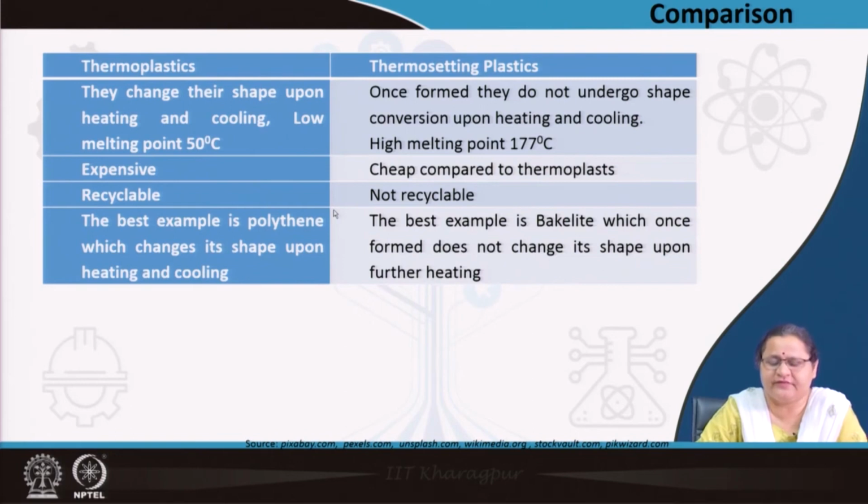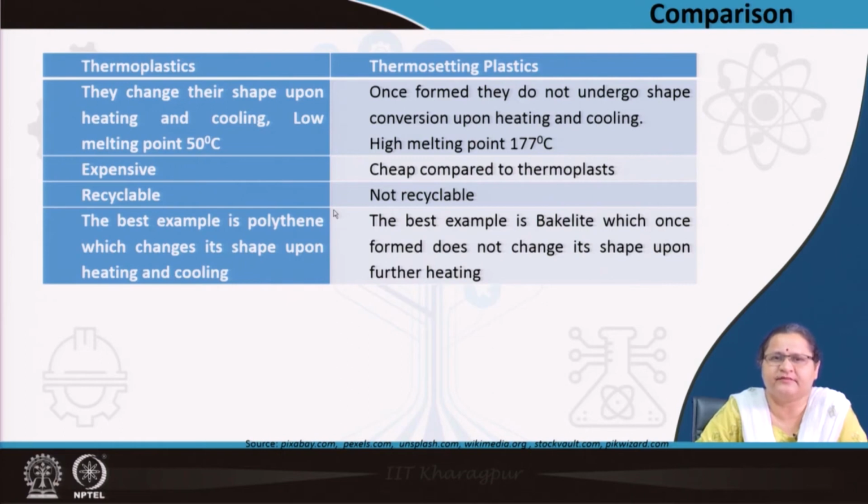Coming to the basic differences between the two, thermoplasts change shape, they can be worked out at around 50 degree centigrade. Thermosets need a little higher temperature, but it is only once formed, around 170 degree centigrade.